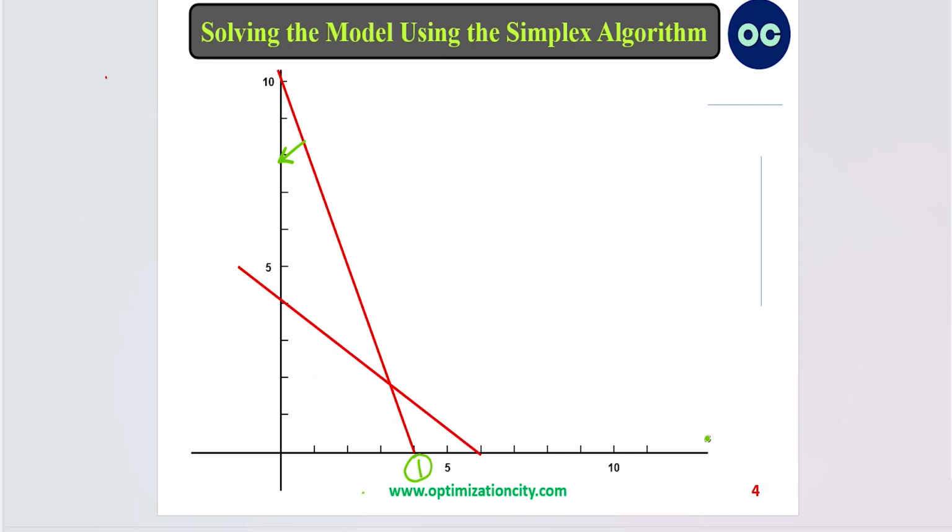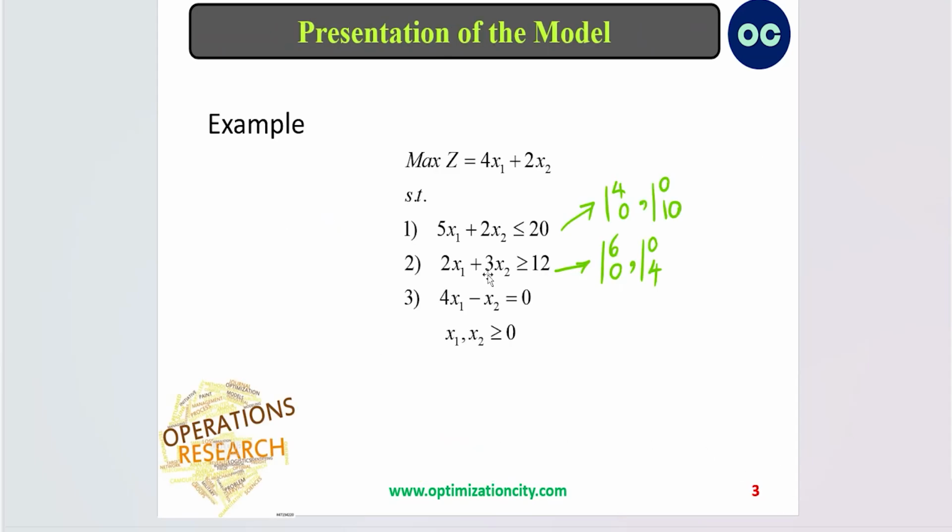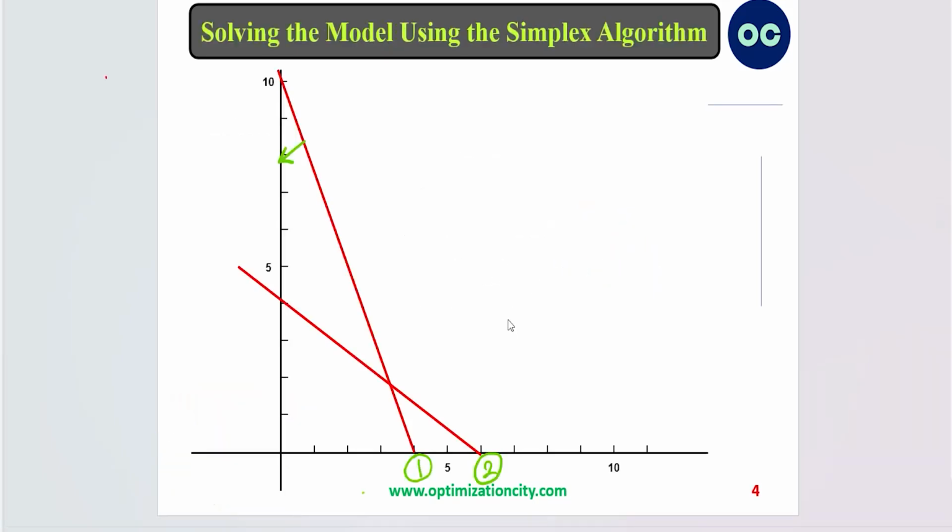This is the second constraint. Since the origin does not satisfy constraint number 2, because 0 plus 0 is not greater than 12, the feasible region is above this line.